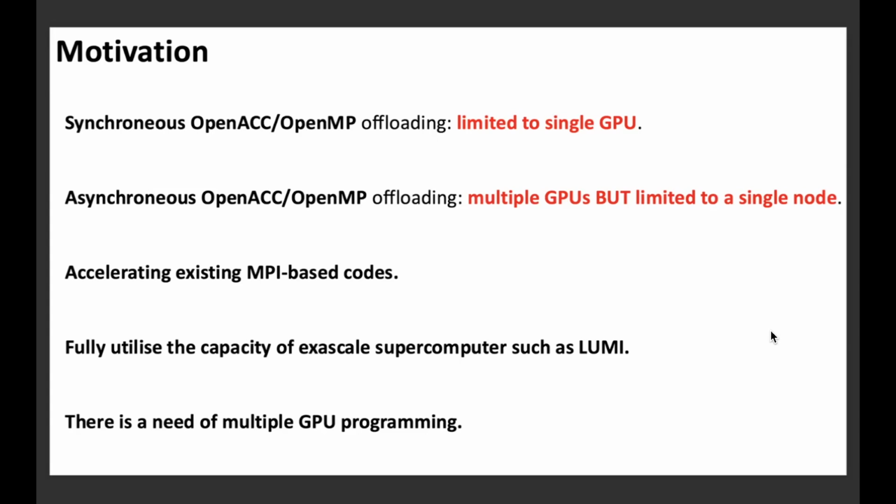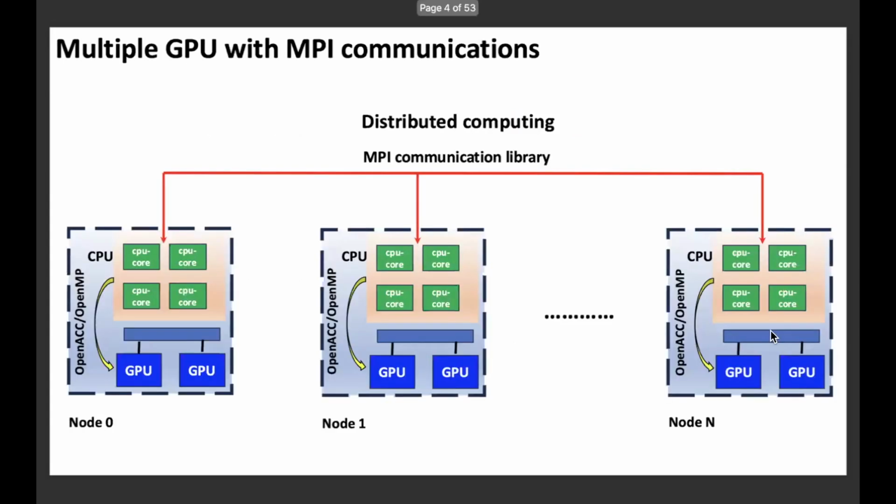And obviously, not all applications would need to implement multiple GPU programming. So if there is a need, probably for large applications, the general scenario that I will be presenting is we consider a distributed system that consists of multiple nodes or multiple servers.